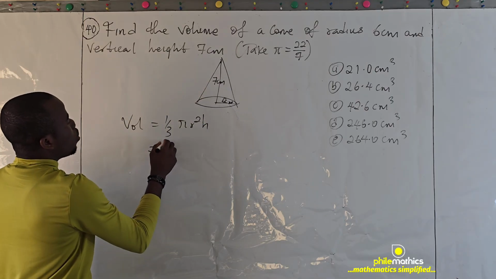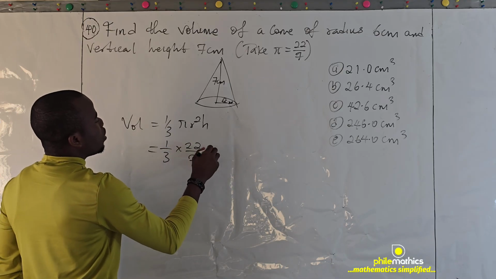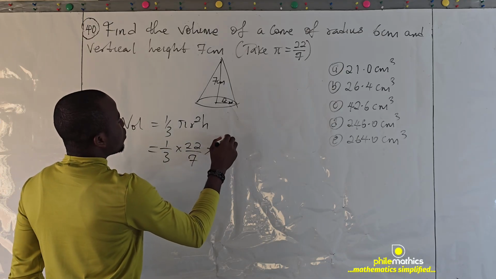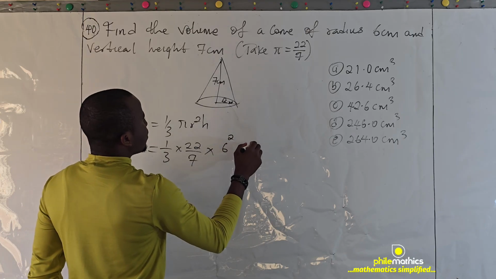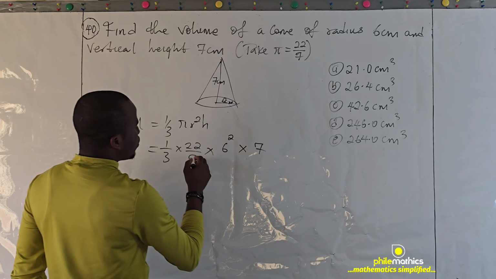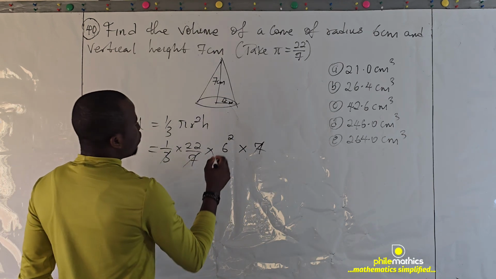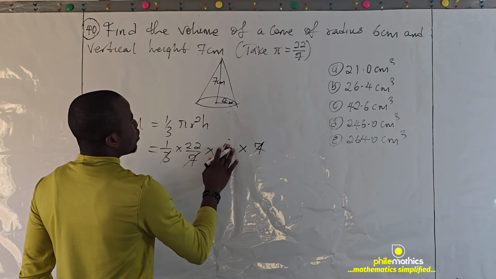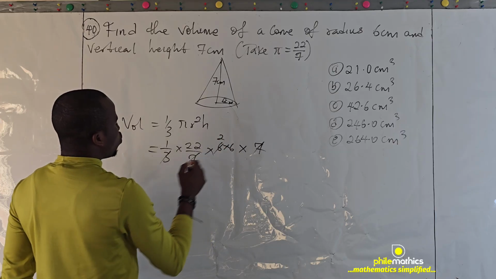And so this is 1/3 times 22 over 7 times 6 squared times height, which is 7. 7 can go into 7, and 3 can go into one of the 6 here. So if this is 6 times 6, 3 here is 2.